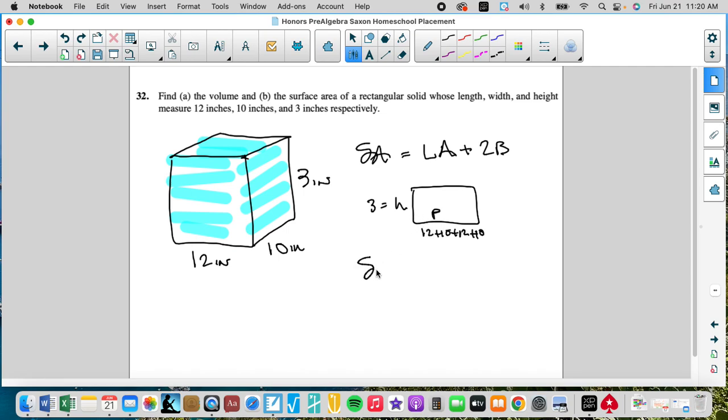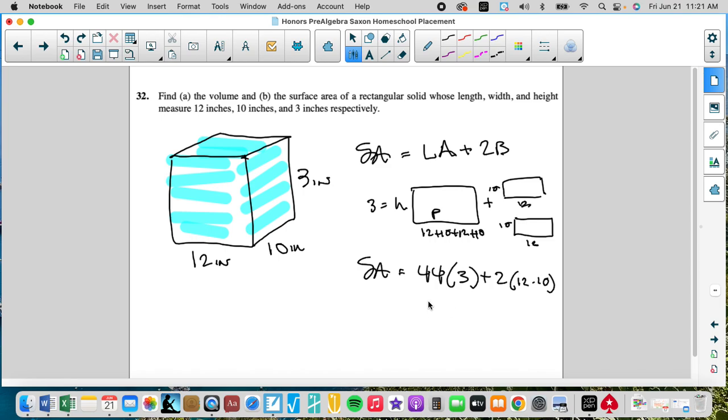So we get surface area equals 44 times 3, and then it's going to be plus the 2 bases, and the bases are also rectangles. So we have two 12 by 10 rectangles. So plus 2 times 12 times 10.